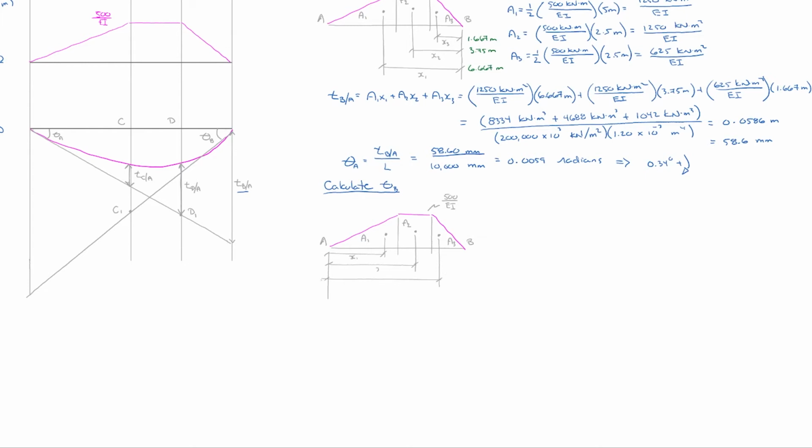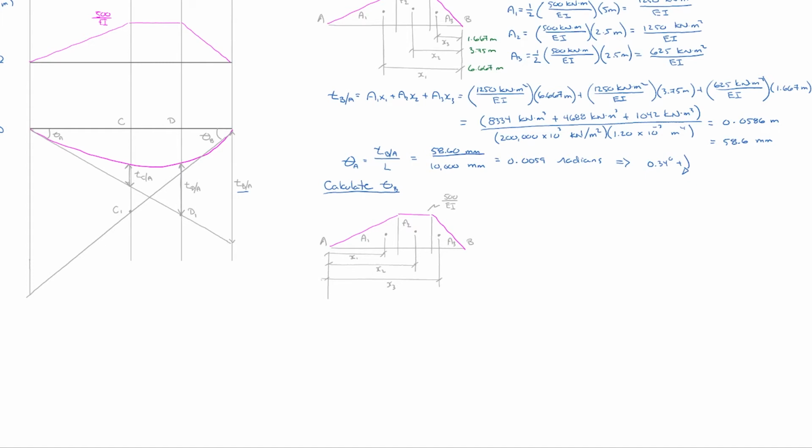Label these X1, X2, X3 to go with areas A1, A2, and A3. So you see all of the moment arms now are from A going towards B. So we flip those around, and we're going to go through the same process.